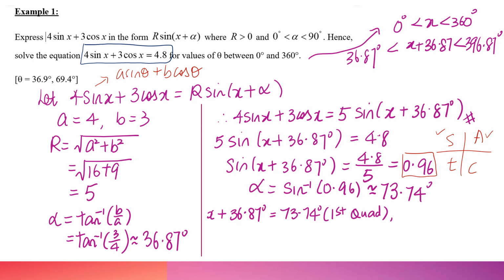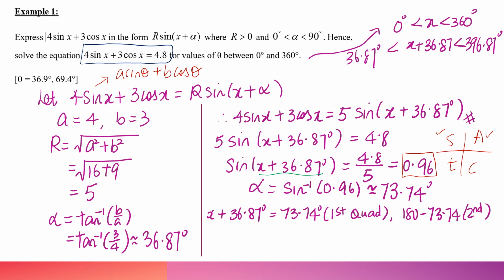So first quadrant will just be alpha itself. That means X plus 36.87. Remember, you're finding X plus 36.87 first. So equals to first quadrant, which is 73.74. Second quadrant will be 180 minus alpha.